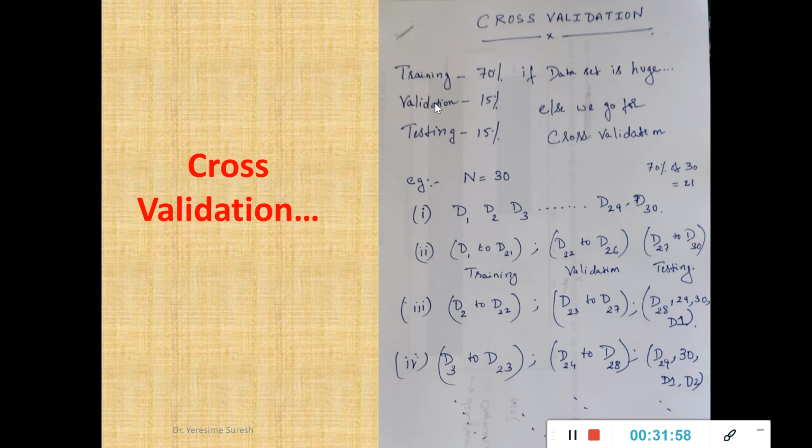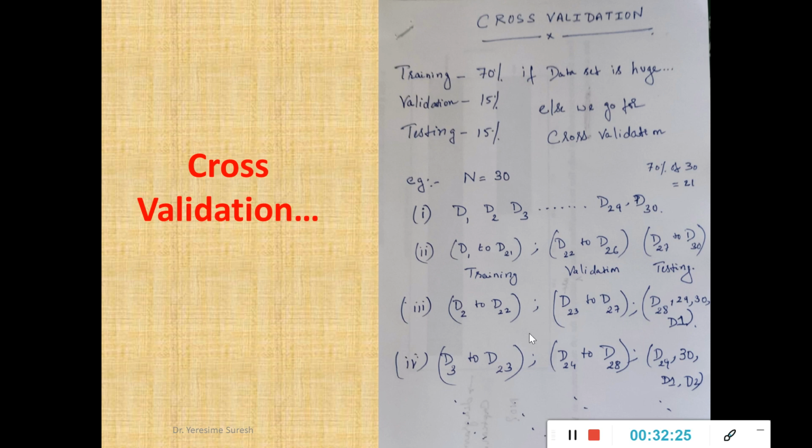I repeat, we generally break our data set of n instances into training, validation and testing in 70%, 15% and 15% respectively if the number of instances is greater than 30. If the number of instances is less than or equal to 30, then we will go for cross validation.